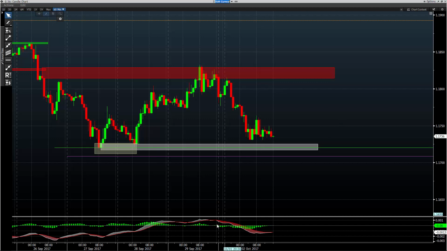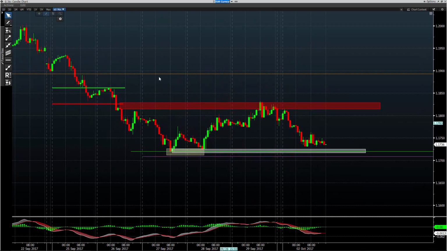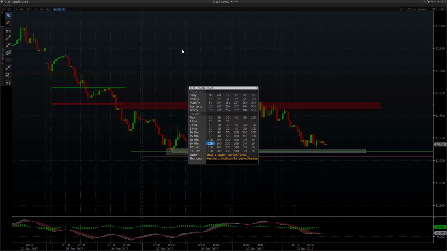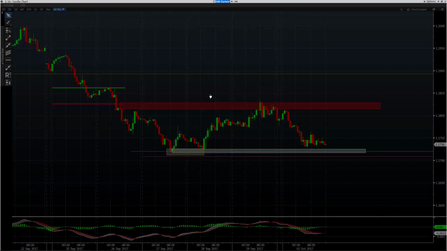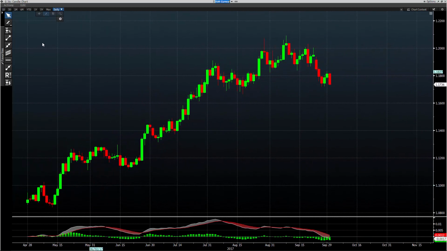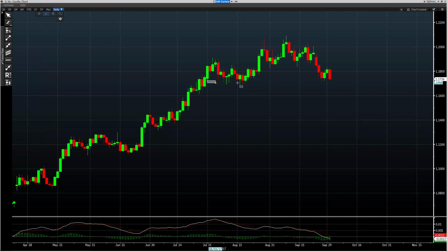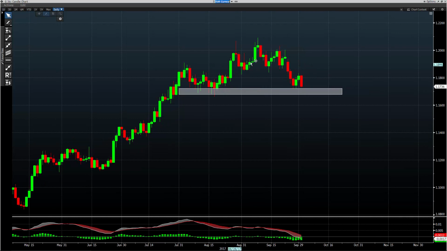So euro's at a fairly crucial little intermediate term level here, and just so you have a frame of reference of what you're looking at in euro, back up, get to a bigger chart, and here's what you understand. This is the edge that I'm looking at here in euro. It's a longer term bottom edge, and it's this whole area. That's what we're working on in euro right now, and you can see what's happening.